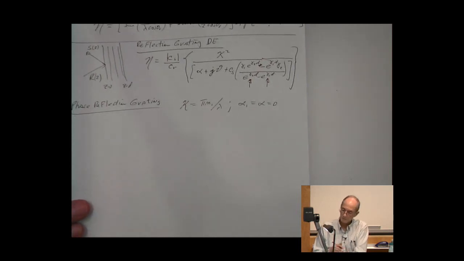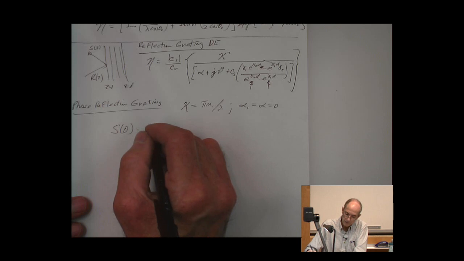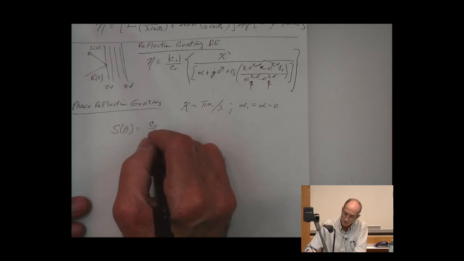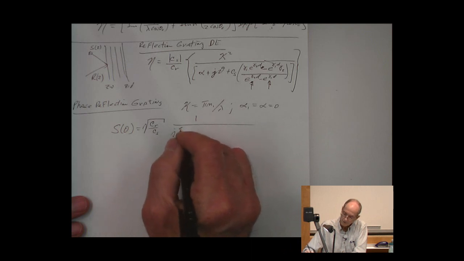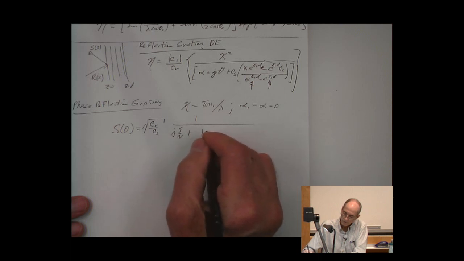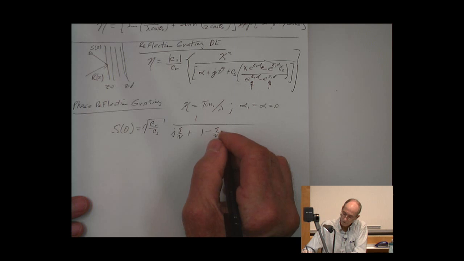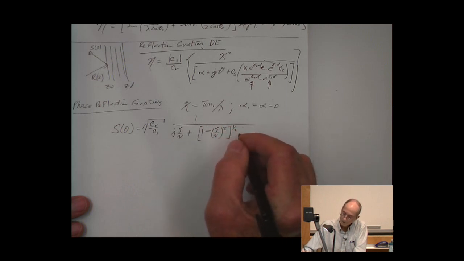And going through this and plugging in, we end up with the amplitude, again at z equals 0. So the amplitude now is equal to the square root of c sub r over c sub s times 1 over j times psi over nu plus the quantity 1 minus psi over nu squared, to the 1/2, times the hyperbolic cotangent.